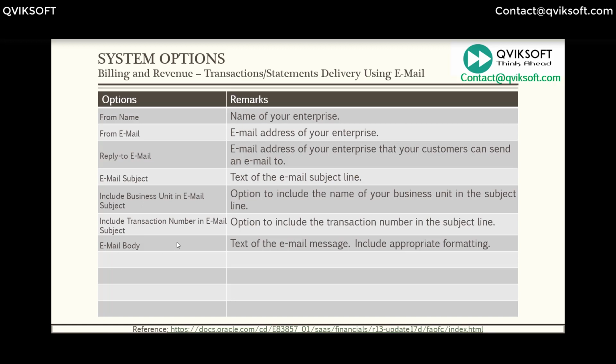Based on this configuration, the system sends email to your customer with the invoice as an attachment. Similarly, for statements, it will send the statement as an attachment using the details of your configuration. In the system option, the setups for transaction and statement are two different setups. I'm showing them as part of one slide here because the contents are the same, but in the system there are two different setups.